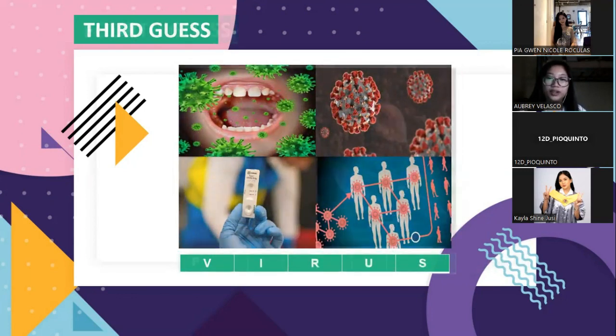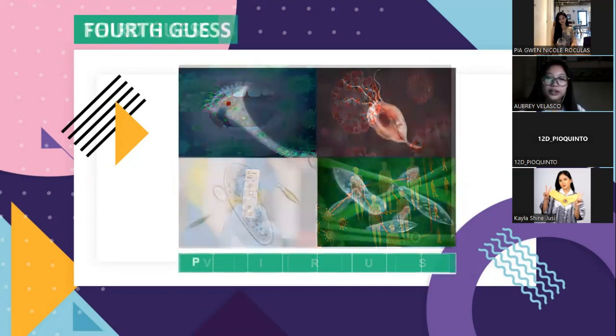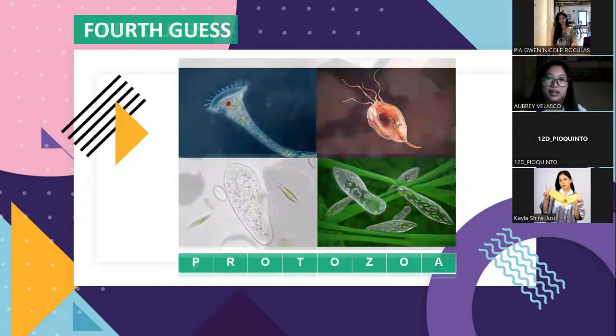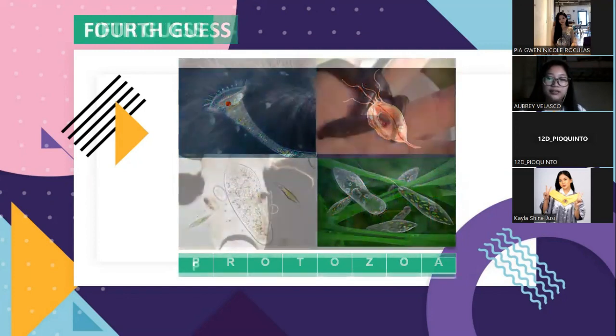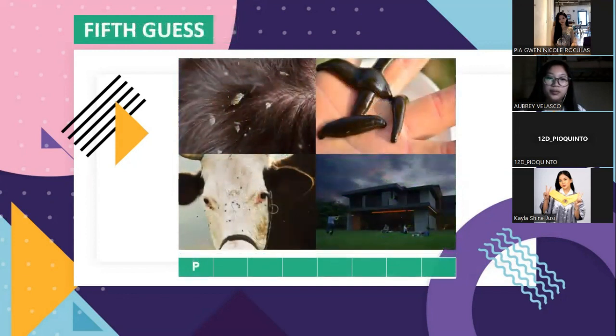Okay, for the fourth guess. 5, 4, 3, 2, 1. Answer is protozoa. And lastly, 5, 4, 3, 2, 1. So the answer is parasite. Okay. So that's the last round for this. So congratulations to the winners, we will be taking down notes for the names.